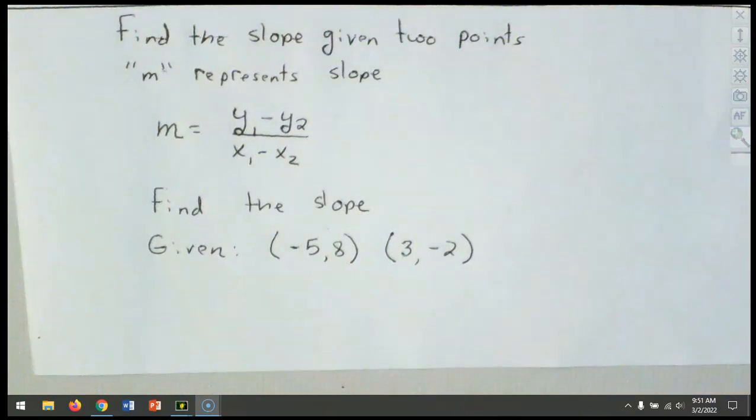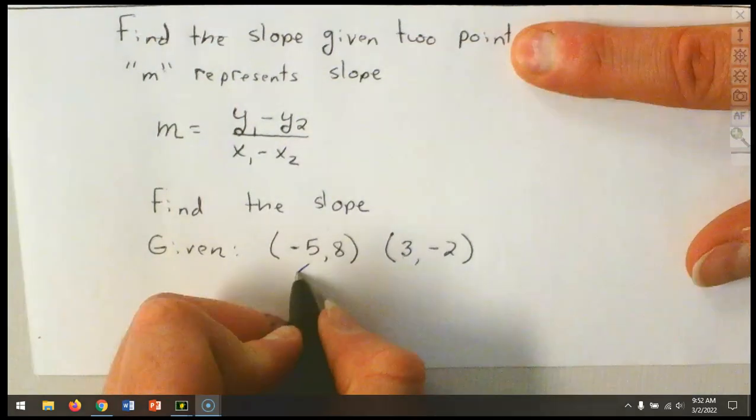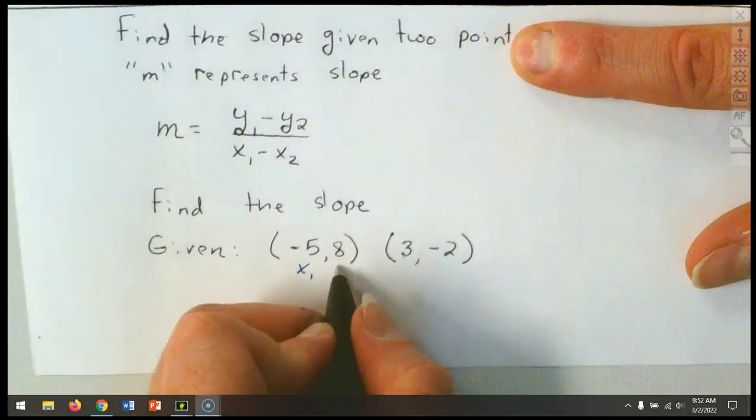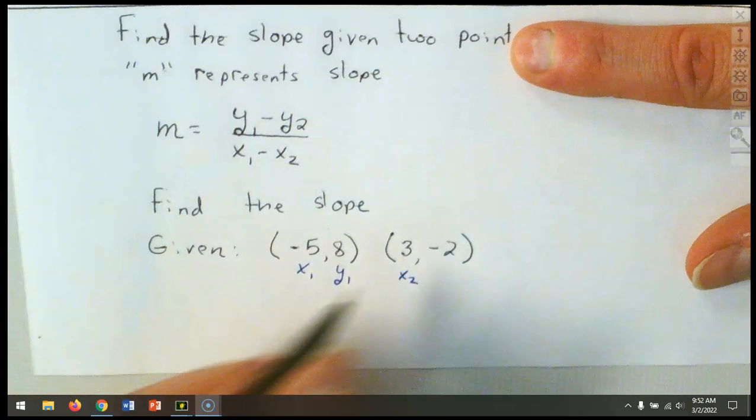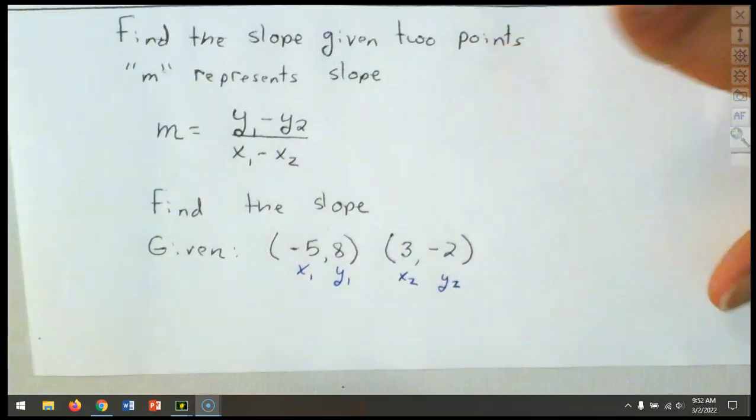Now, all the formulas are going to be pretty much done the same. You take your ordered pairs and you label them x1 and y1. So let's go ahead and do that. We take our first point, and that's going to be x1, y1. Our second point, we'll call that x2, y2.